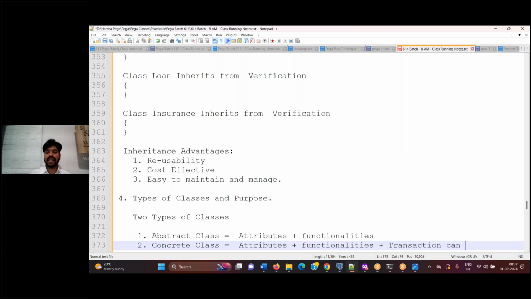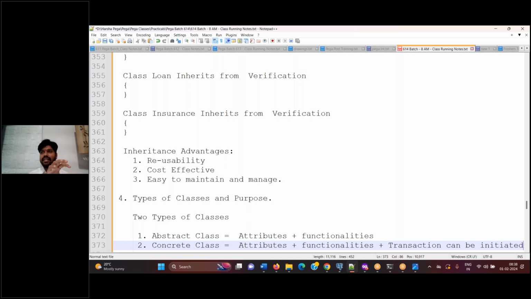In a concrete class, a transaction can be initiated. Technically they call this instantiation, but we don't go for technical words now. If you have attributes plus functional components, the concrete class is the place where a transaction can be initiated. That ability is there for the concrete class. That's how the technology was designed.